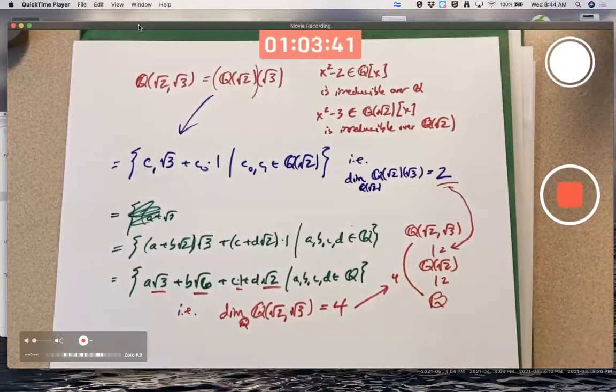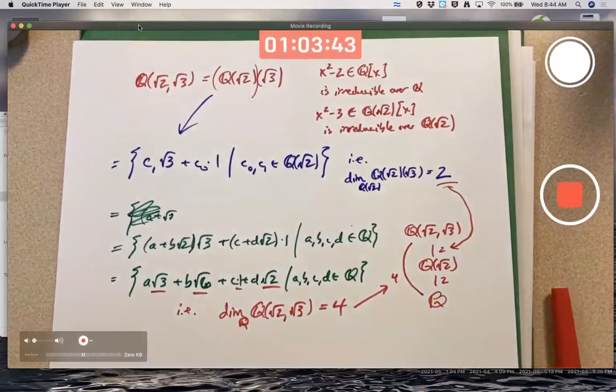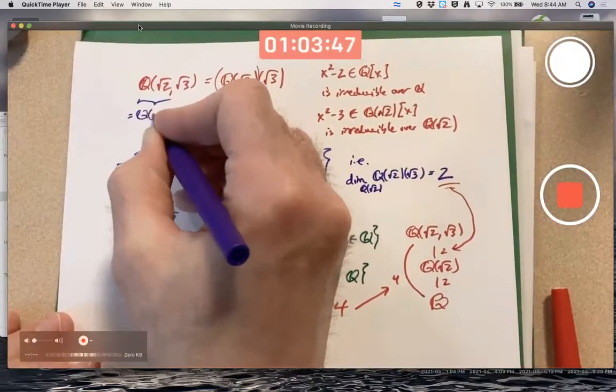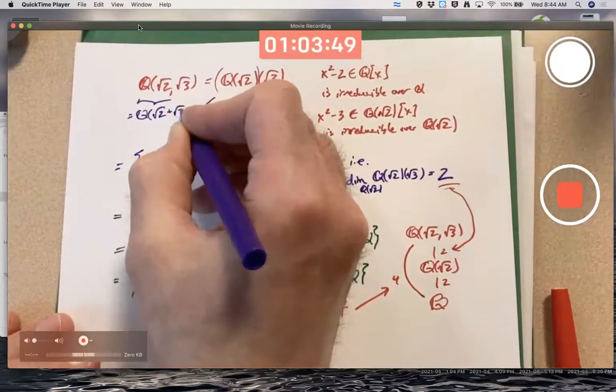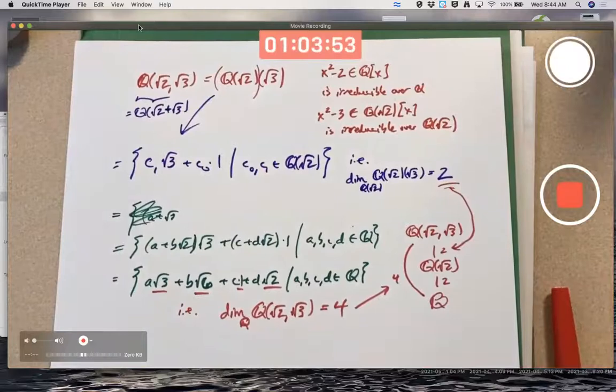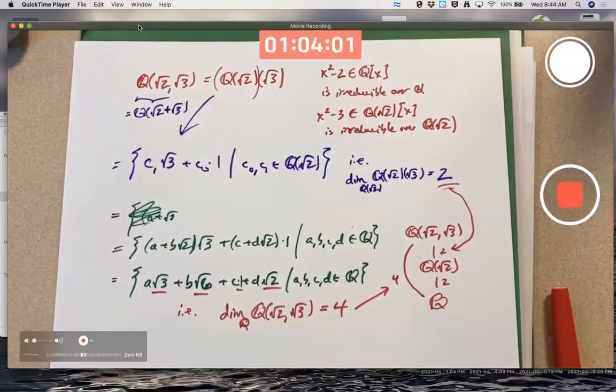Now, since this equaled from the previous page, Q(root 2 plus root 3), that must also be a four-dimensional vector space over Q. So it must be the root of an irreducible polynomial of degree 4. What polynomial would that be?